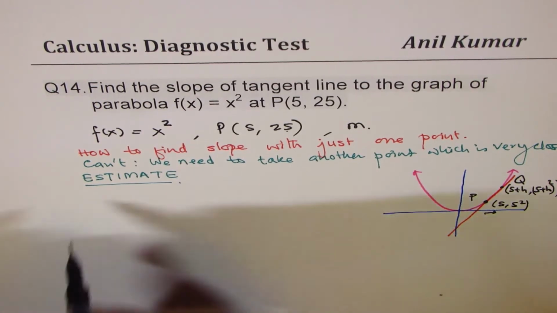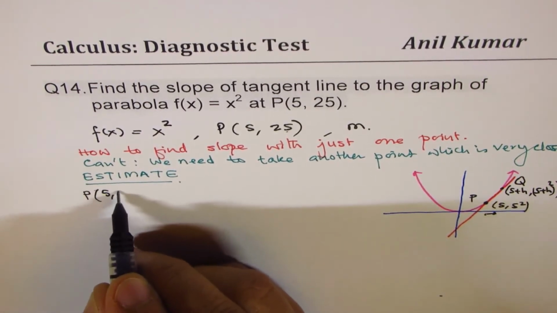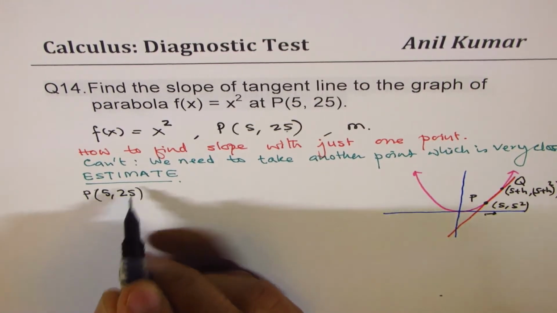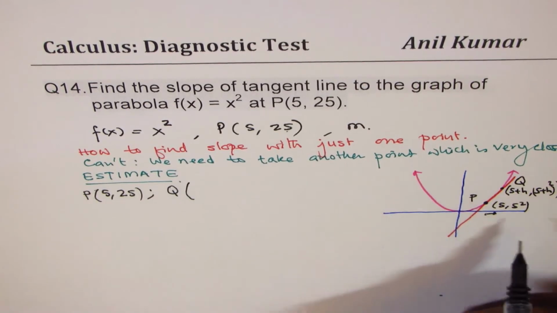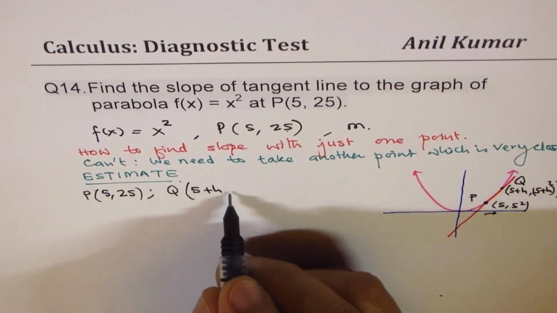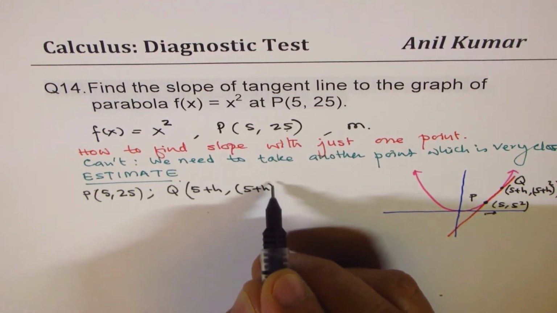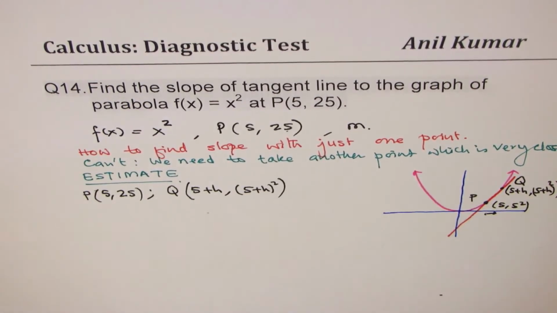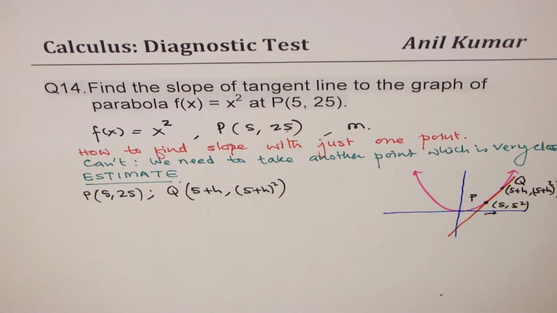So to estimate, we know one point which is 5 and 25. 25 is 5 squared. So we'll consider another point Q, which is slightly away, let's say at 5 plus h, and then the y value will be (5 plus h) whole squared. You get an idea. Why? Because the function is f of x equals x squared.